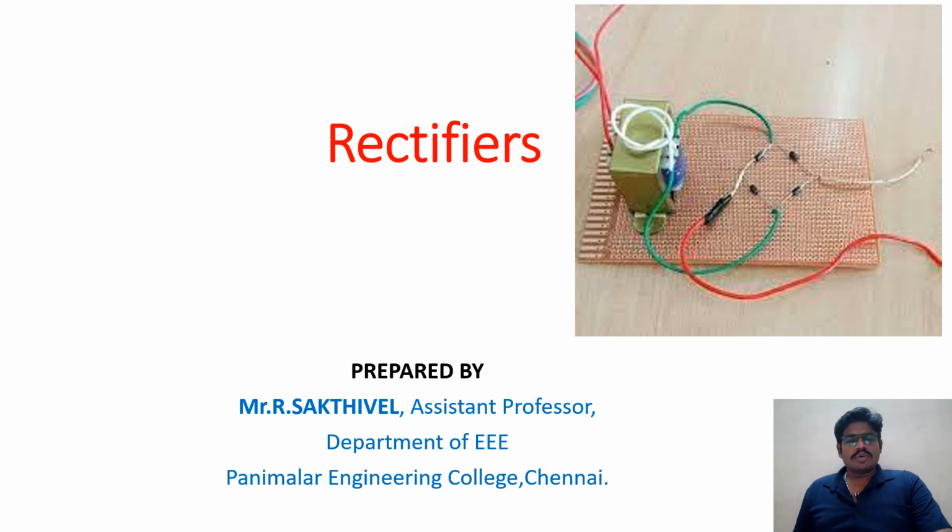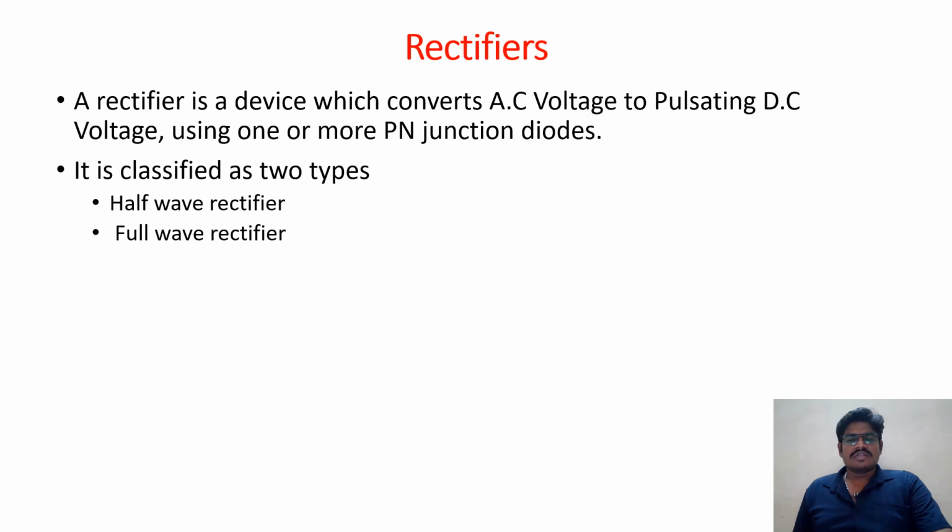So now we will deal with rectifiers in this session. A rectifier is a device or circuit which converts AC supply into pulsating DC using a diode. The diode is one of the key components used to convert AC into DC, using one or more diodes depending on the circuit.